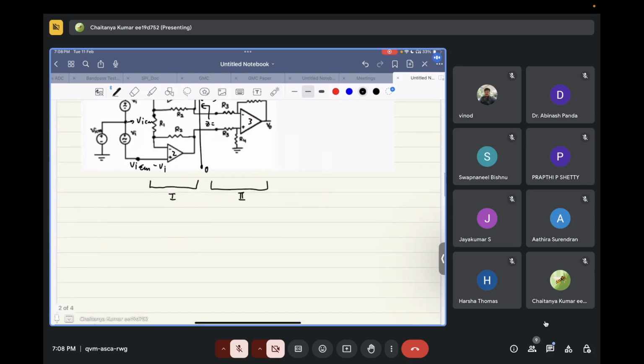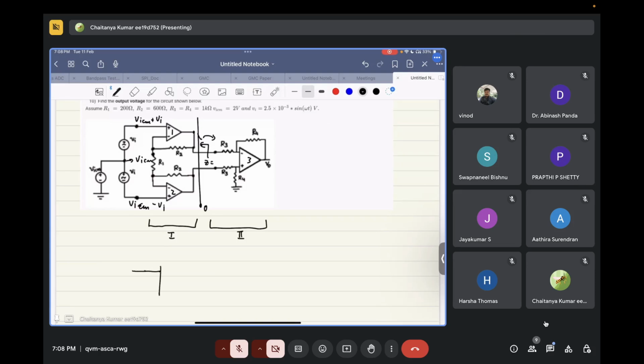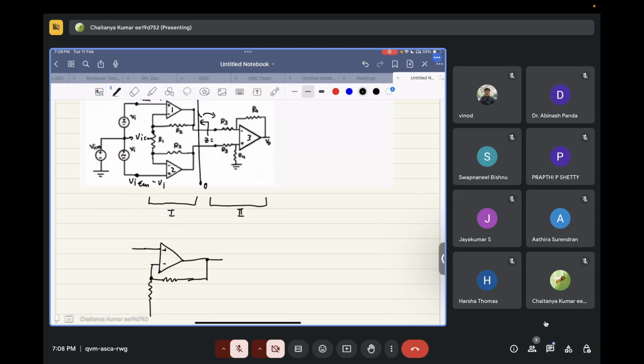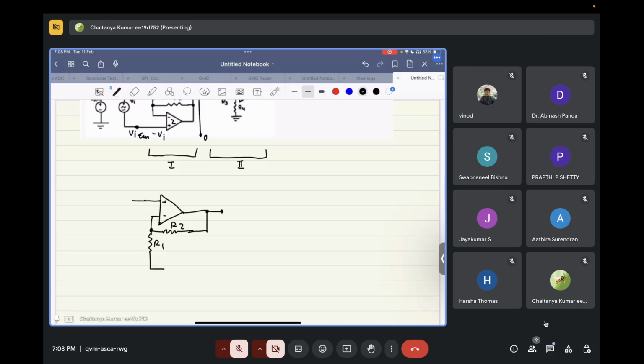So let's redraw only the first part of the circuit. So this is R2, this is R1, this is R2, and this is VCM plus VI, and this is VCM minus VI.